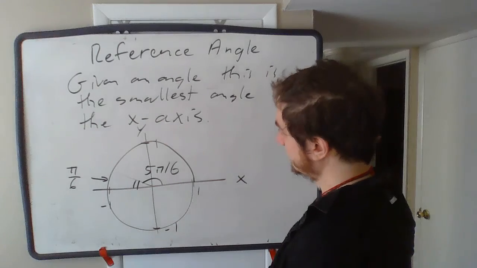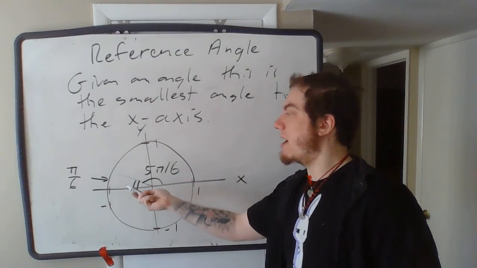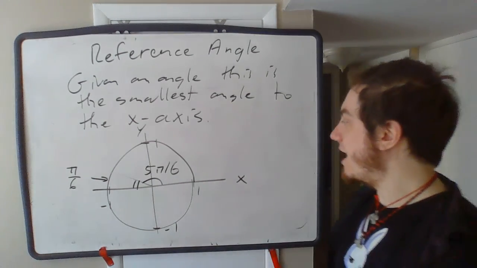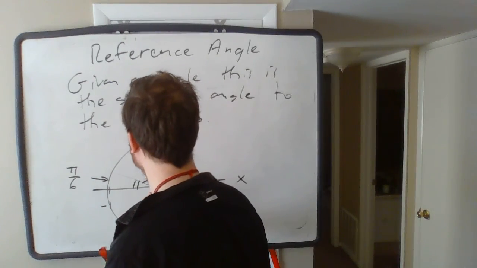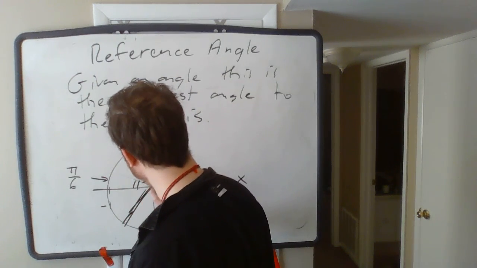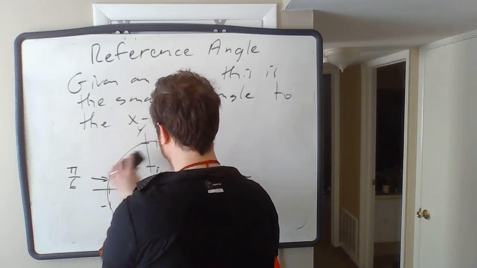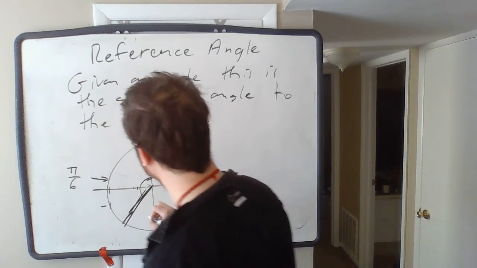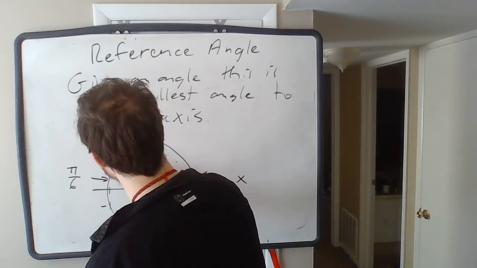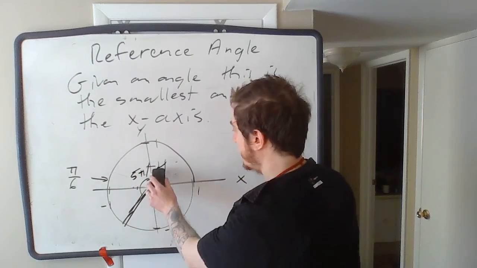So the reference angle is just another way of talking about that smallest possible angle that you can make with the x-axis. If I were to talk about, let's say, this angle down here, strictly speaking, if we just want to talk about what this angle is, this is going to be an angle of 5 pi over 4.